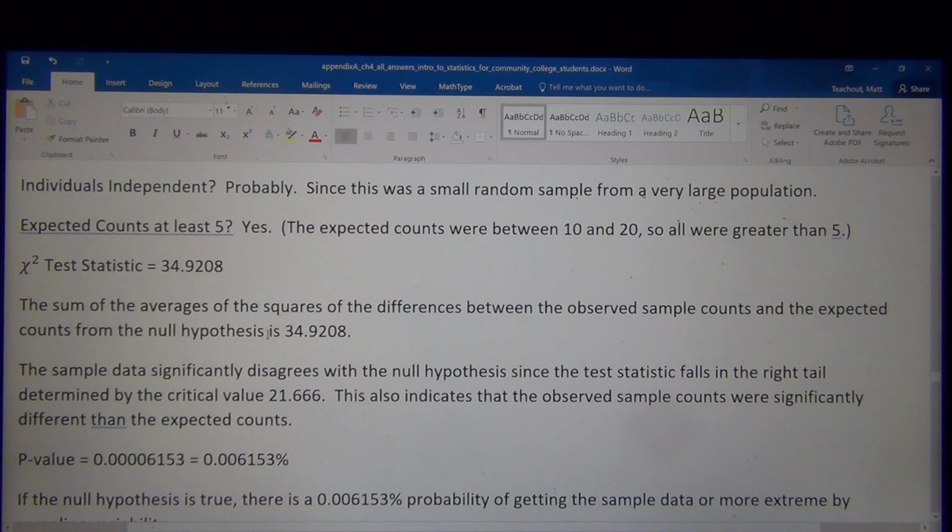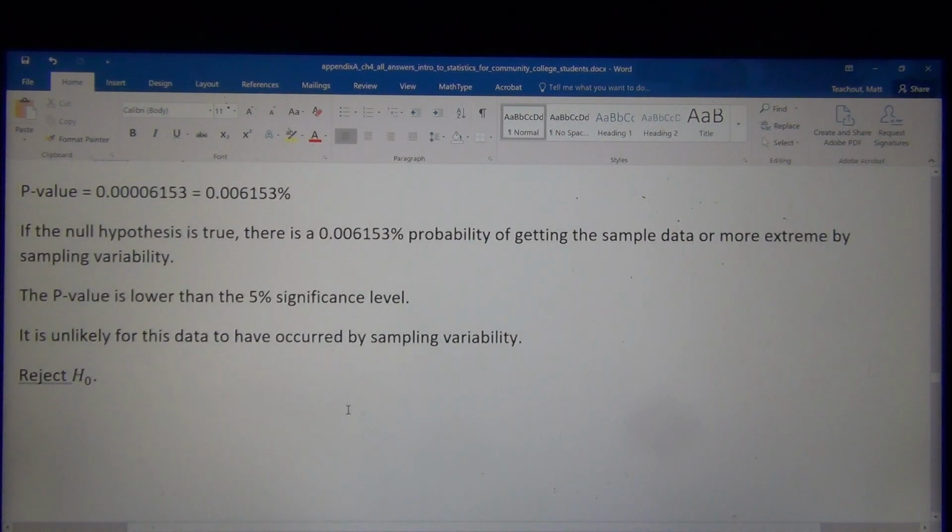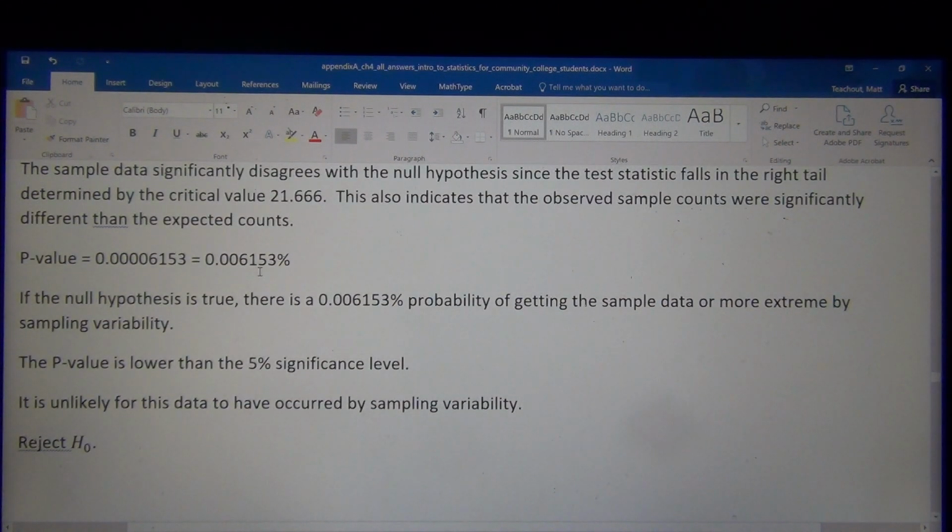So our test statistic falls in the right tail. That means the observed counts are significantly different than the expected counts. Our p-value is really close to 0.06%. If the null is true, there's a 0.0006 probability of getting the sample data or more extreme by sampling variability.